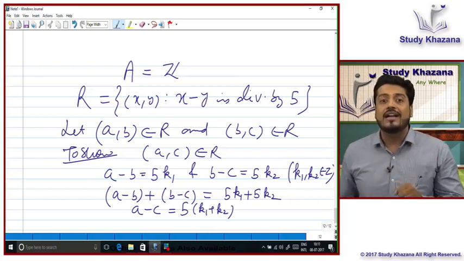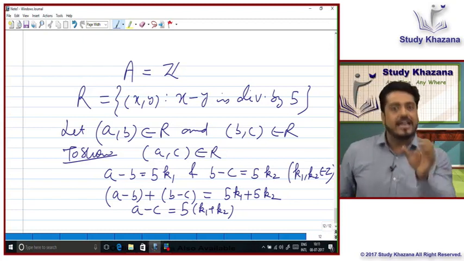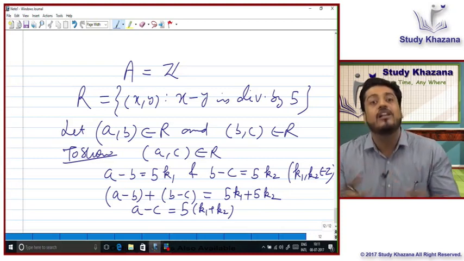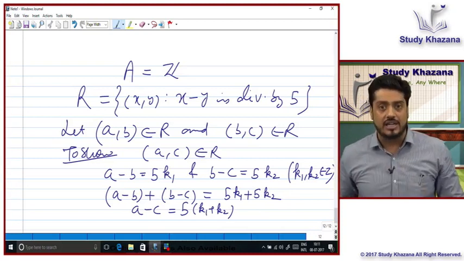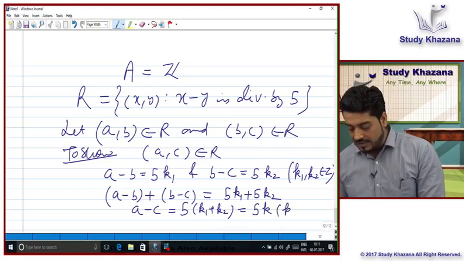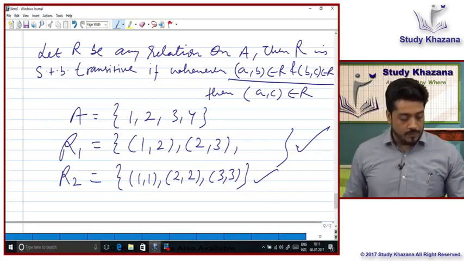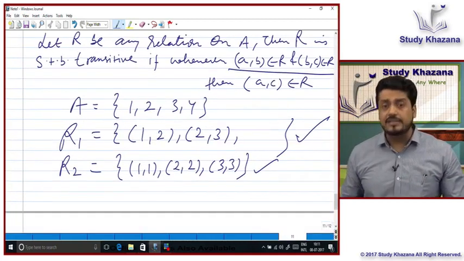Now we know that integers are closed under addition. What is the meaning of this? If we take any two integers and add them, we will again find a unique integer. So therefore I will say that this is equal to 5k, where k is the sum k1 plus k2, which is again a member of Z. So therefore I have been able to show that this relation is transitive.